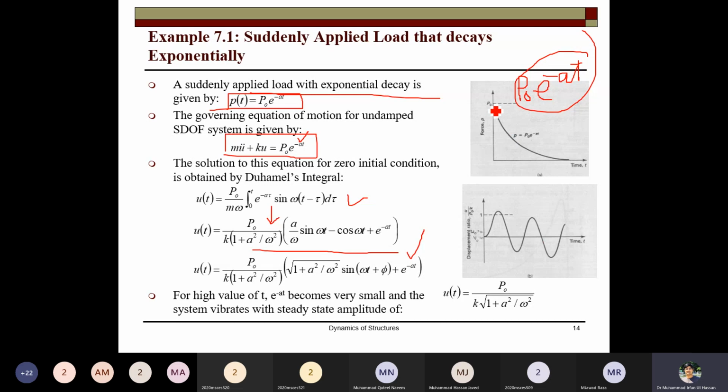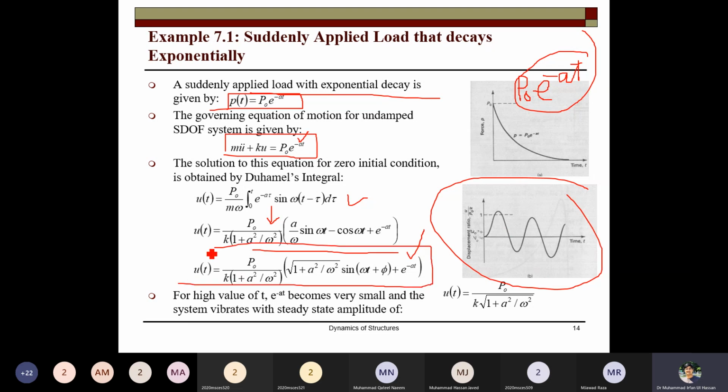Total response इसका बनेगा when the load is suddenly decaying, I mean certain value थी exponential decay कर रहा है, तो when you plot this it is like this behavior is, आप देख रहे हैं कि positive था, then the negative accelerated displacement is increasing, and at one time it will suddenly finish. It depends upon time. So try plotting this function.